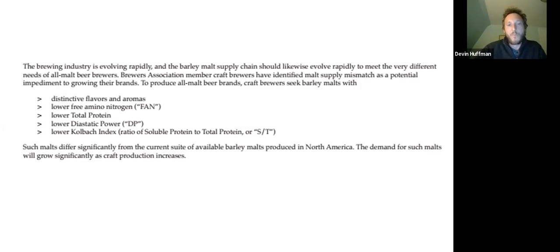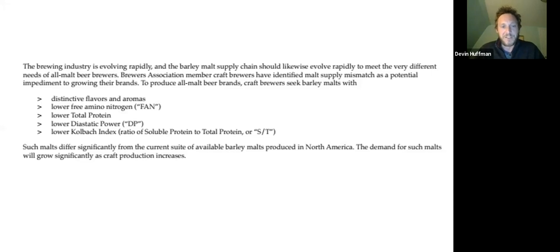So with the growth of the craft brewing industry throughout North America, we're seeing shifts in the demands for the malt chemistry to match all grain brewing, where you don't necessarily need such high diastatic power. You don't need such huge amounts of FAN.